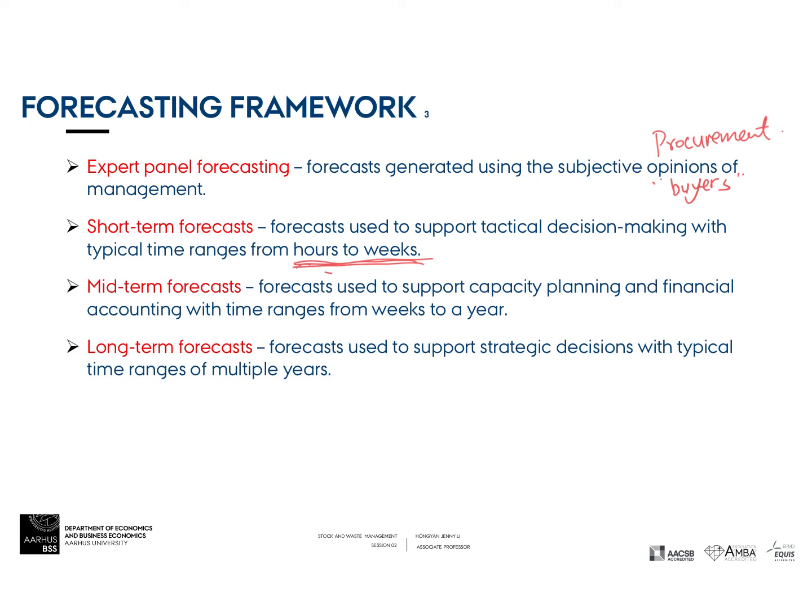And also there are midterm forecasts used to support capacity planning and financial accounting, with time ranges from weeks to a year. So this normally talks about an entire selling season.